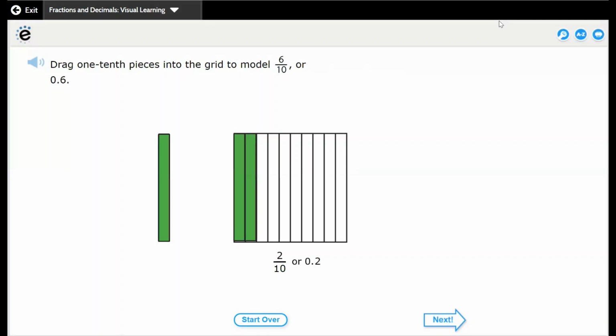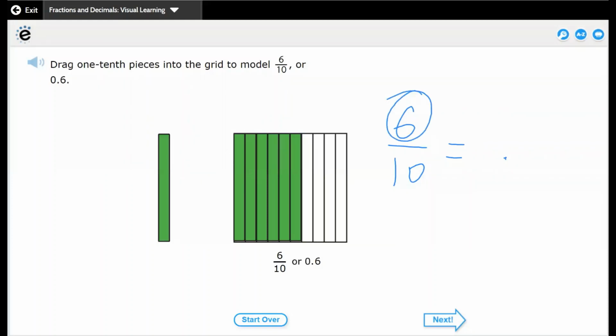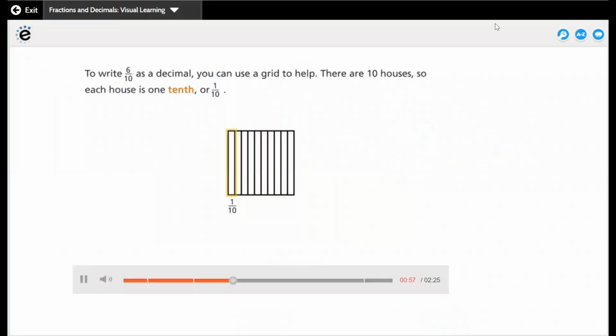But we have 6 out of 10, so 6/10 will give me 0.6. Because it's out of 10, and the 10 has one 0, I will write only one number after the point, which is the number in the numerator, 6, and before it I will write 0.